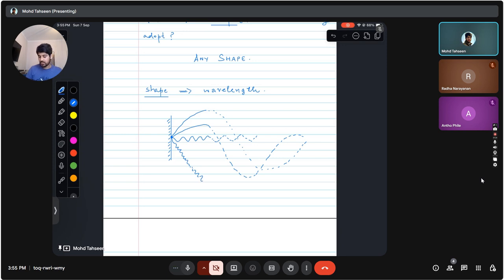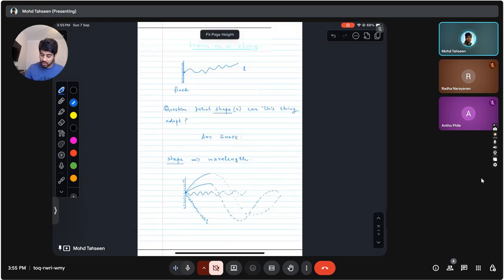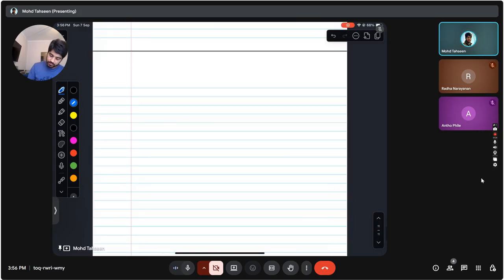So the string can be made into a shape of any wavelength. That is the observation here. Now I'm going to take the same string and confine it on two ends. Let's look at a confined string.